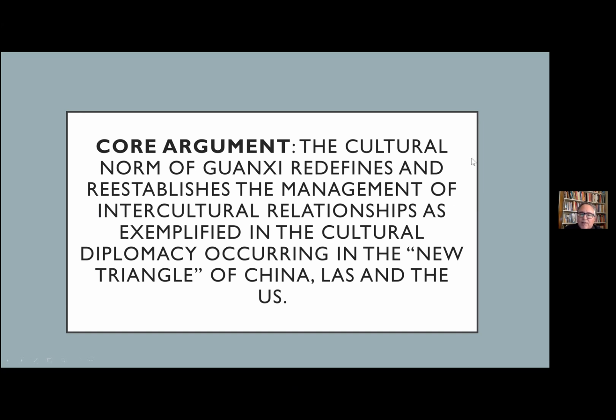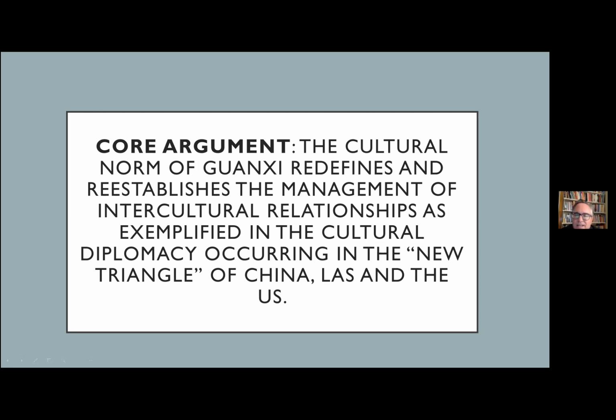This is just one of them, and one of the theorists is describing Guanxi, and I think we've all been studying and using Guanxi in many fields over the past decades, but this is a new take on Guanxi that really describes the management of these communication networks.